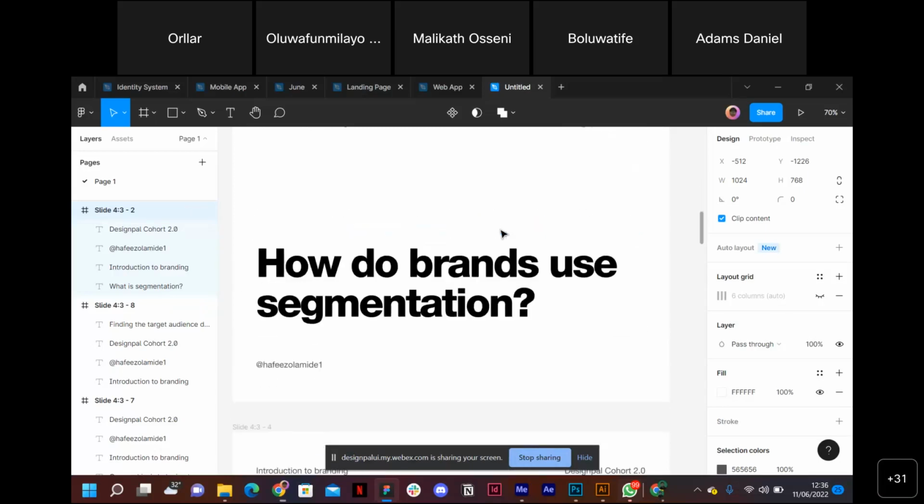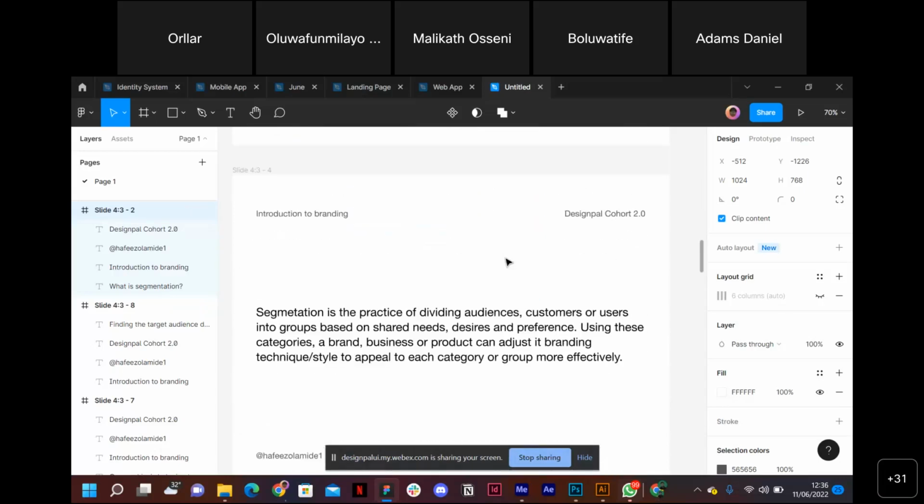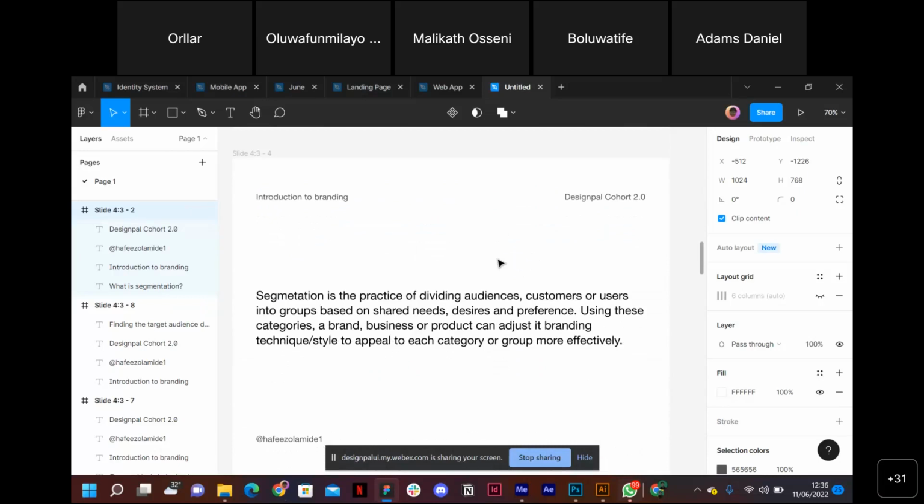So how do brands use segmentation? It says segmentation is the practice of dividing audience, customers or users into groups based on shared needs, desires, and preferences. Using these categories, a brand, business, or product can adjust its branding technique and style to appeal to each category or group more effectively.